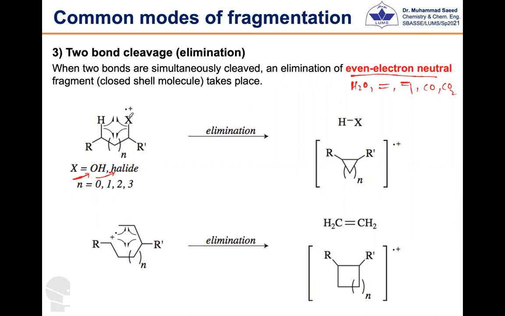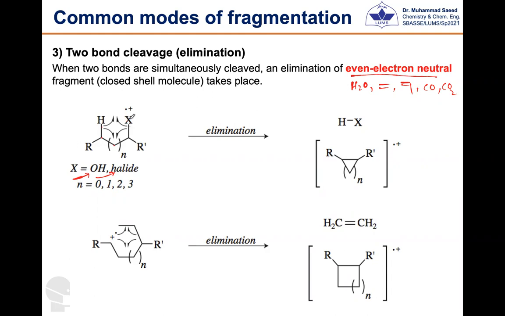Site of ionization will always be the heteroatom, and one of the hydrogens, it can be from the adjacent carbon, it can be as many carbons away as you can. So any hydrogen which is on beta, gamma, delta, whatever position you like, this hydrogen will make a bond with the heteroatom.